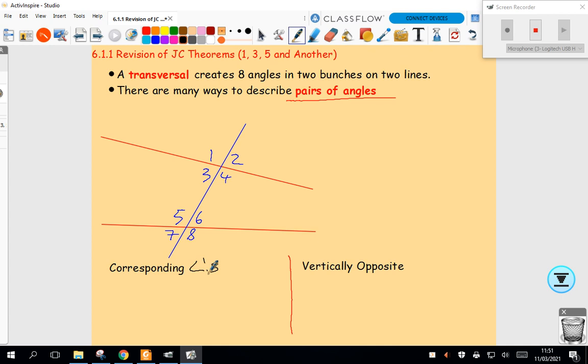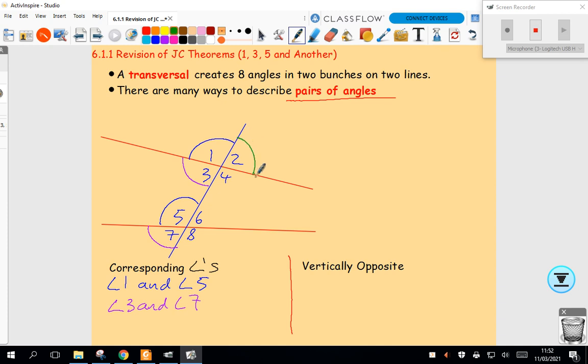Corresponding angles are angles that are in the same relative position in the separate bunches. So this angle up here, for example, this 1, is in the same relative position as angle 5. So we'd say angle 1 and angle 5 are a pair of corresponding angles when this transversal crosses these two lines. Angle 3 corresponds to the position of 7 in the bottom bunch, so angle 3 and angle 7 are a pair of corresponding angles.